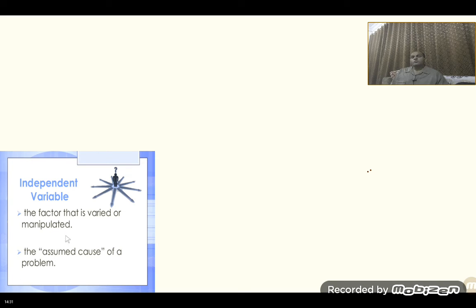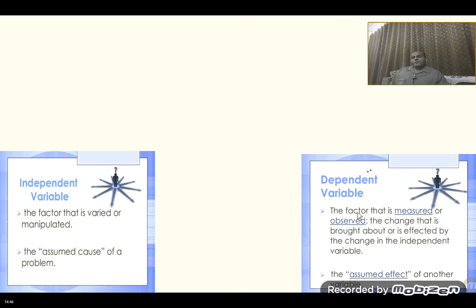In other words, we say that the subject of the domain is always the independent variable, and the variable which depends on the subject of the variable is called the dependent variable. Dependent variable, the factor that is measured or observed. Okay, in the previous example you see that y was measured, y was depending upon x.